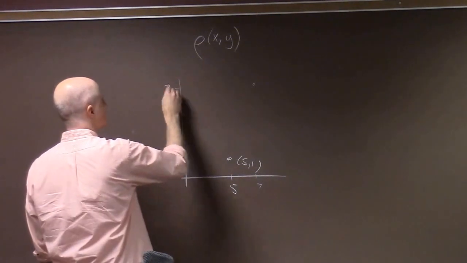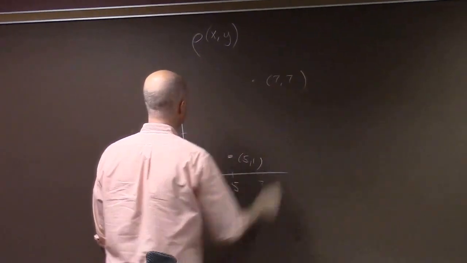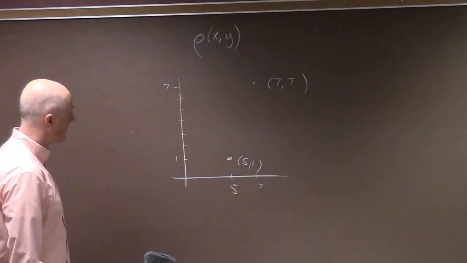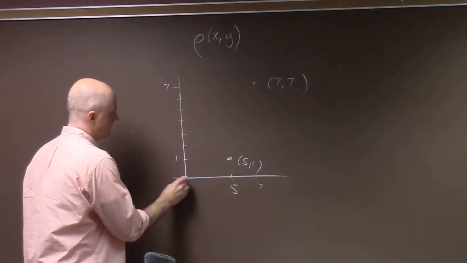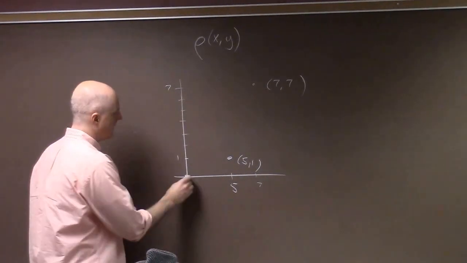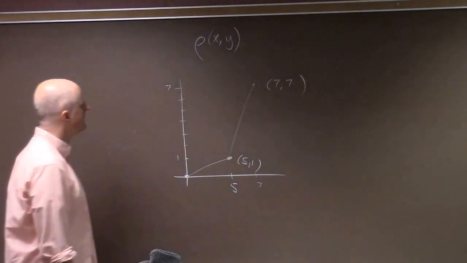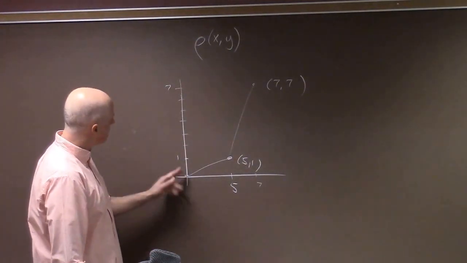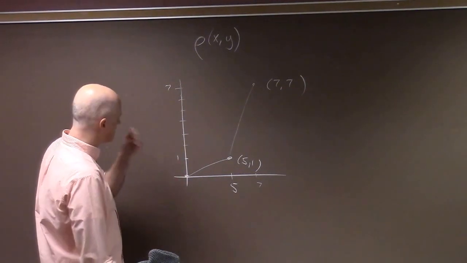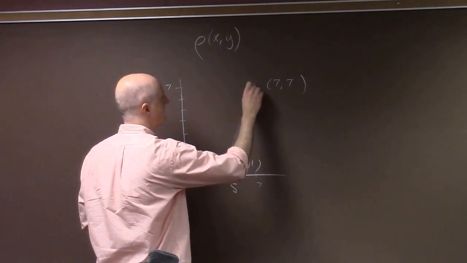I'll go with it here. Let's pretend that's the point 7, 7. If I'm going to make a parallelogram, let's make the origin a third point here. I'm going to need to make a fourth point that's effectively got a position vector that's the same as this vector that goes from 5, 1 to 7, 7.